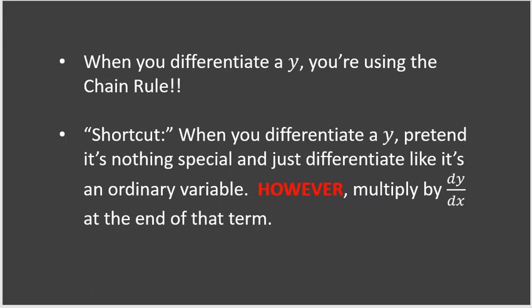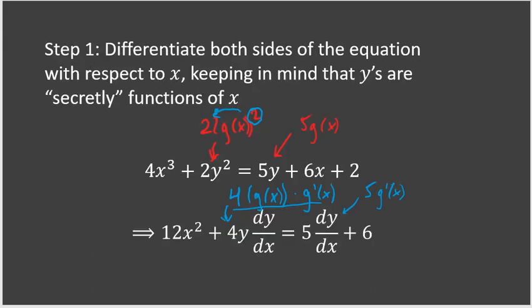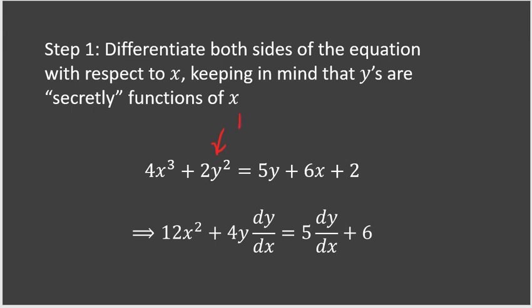So I'm going to go back to the problem that we did, and we're going to look back at it in that light. We're going to draw out what we mean by this. First problem here, no troubles whatsoever. I now come to that 2y squared. How you would use this shortcut is you would look at your 2y squared and go, okay, I'm going to think that this is actually 2x squared.